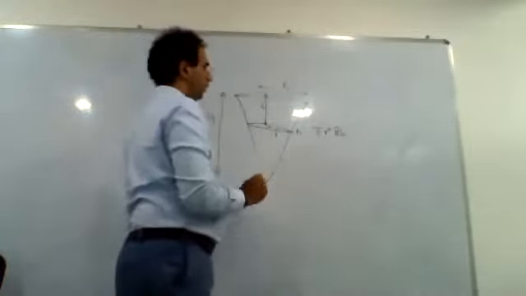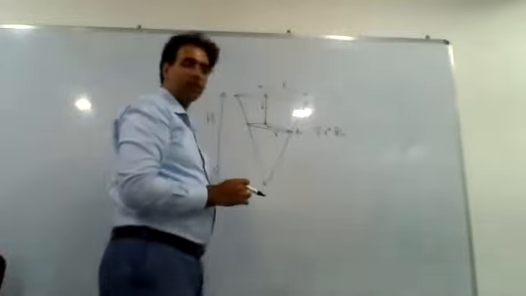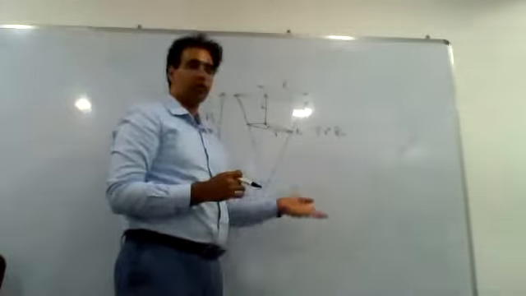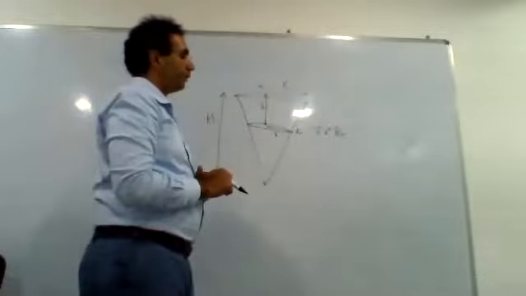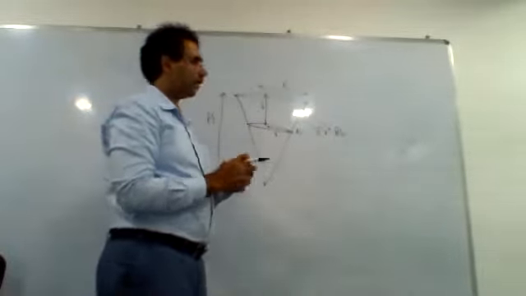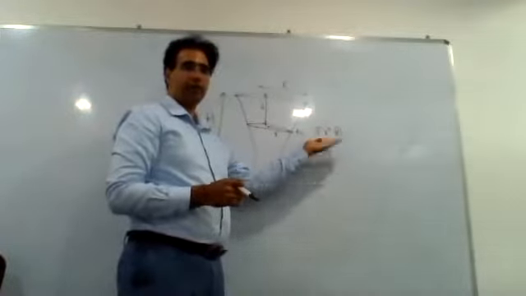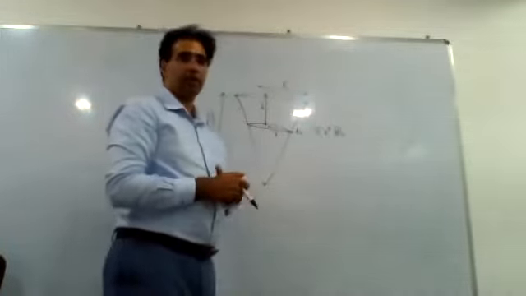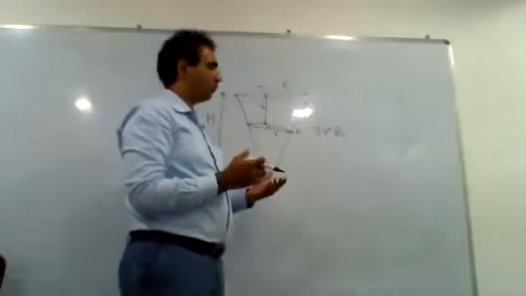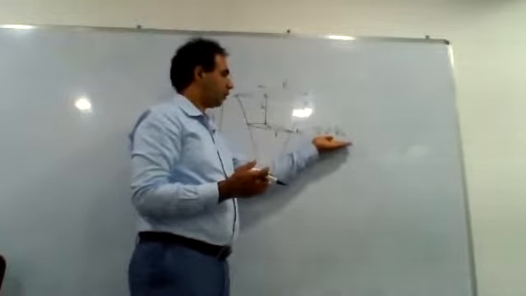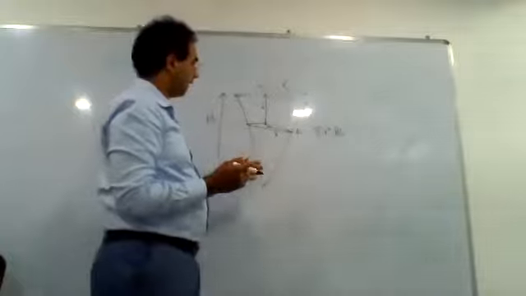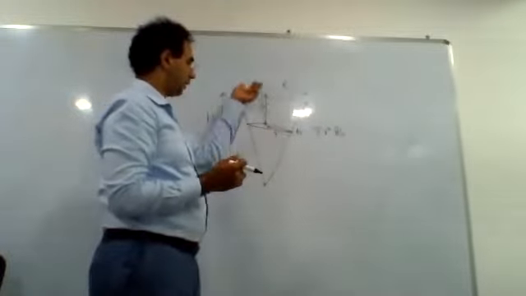Now to integrate this pi r square dh, we need to incorporate into this expression the variation of radius with respect to height.